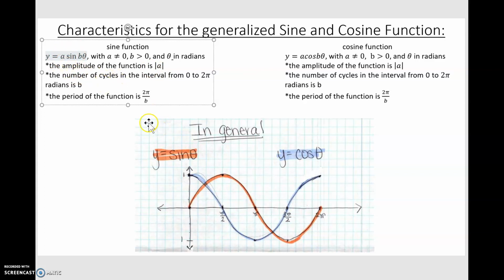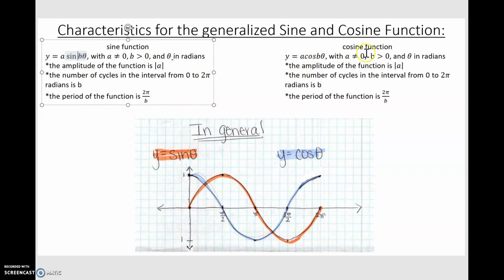To find how many cycles in the interval, you're going to look at b, which is the number in front of the angle. And then to find when it will have 1 period, you take 2 pi divided by your b value. And we'll do some examples.